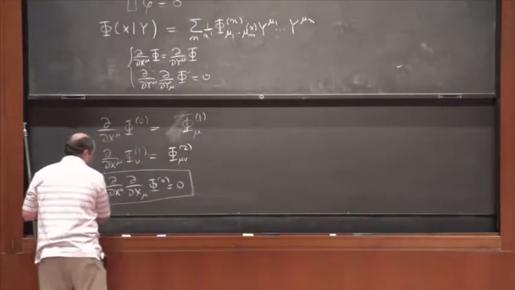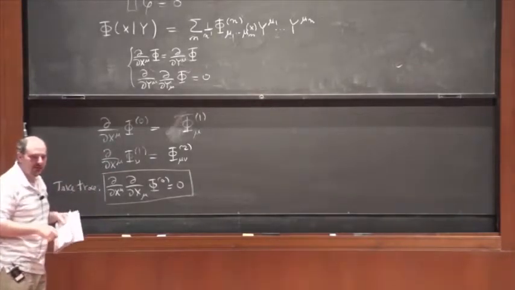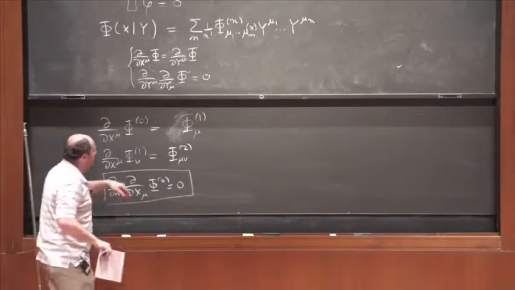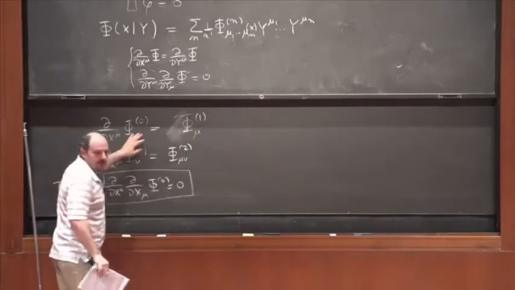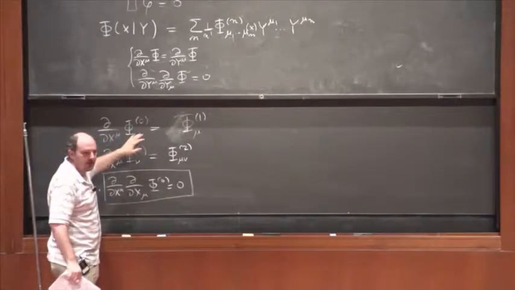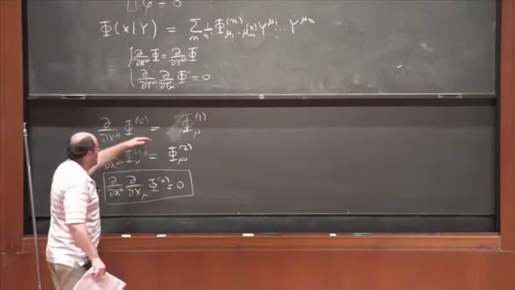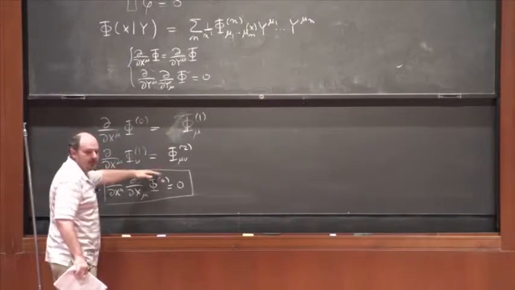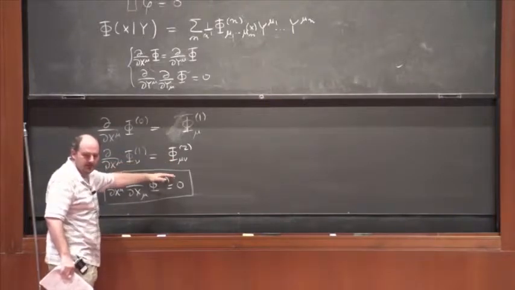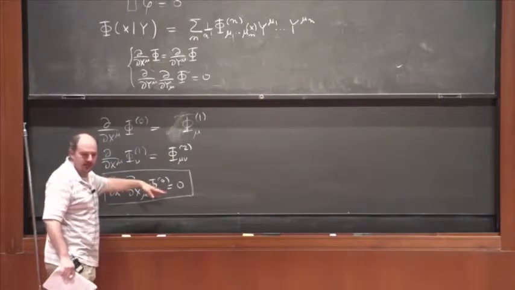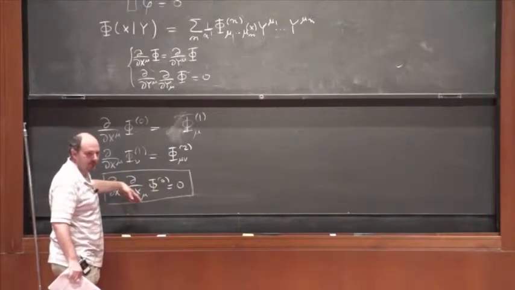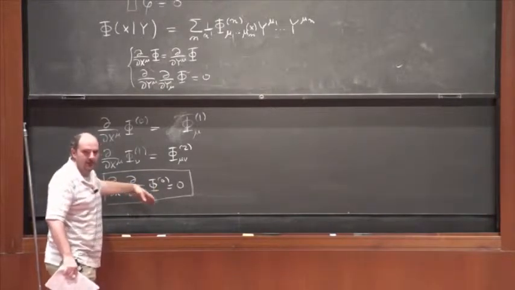So you get that the bottom component of this field is just a Klein-Gordon field, and the higher components are just derivatives of that Klein-Gordon field. So they are not new dynamical degrees of freedom. They are expressed in terms of that. If you go on, you don't get anything new. All the higher ones are derivatives of the bottom ones, and the bottom ones satisfy this equation. Any questions about this?